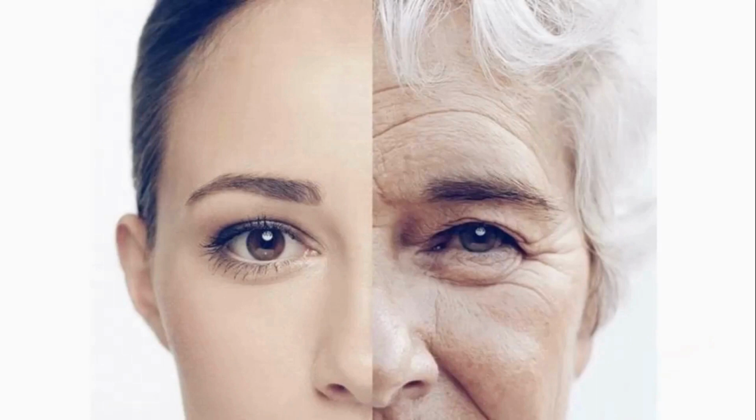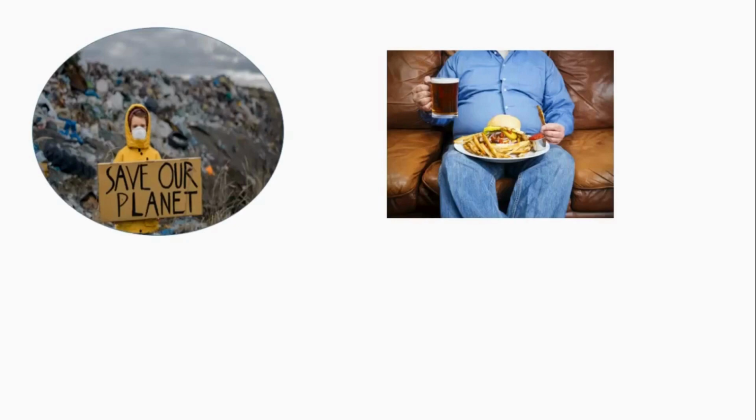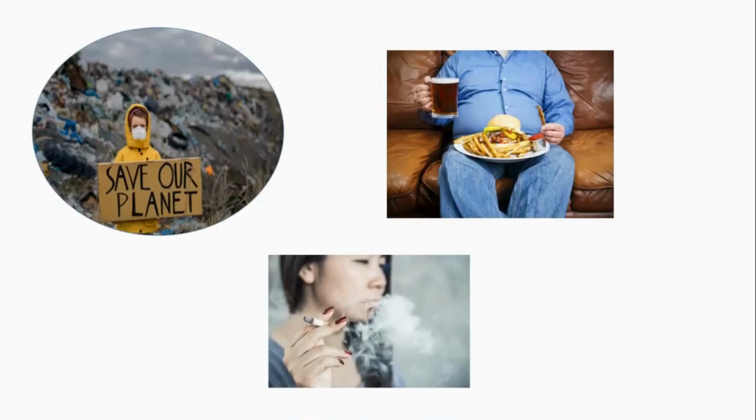With time, factors like pollution, unhealthy diet, and unhealthy lifestyle, such as smoking, contribute to the accumulation of damage in your cells. Your cells have certain defense systems that ensure regular eradication of this damage, but with time, this damage becomes so overwhelming that the cells' defense system can't handle it anymore.